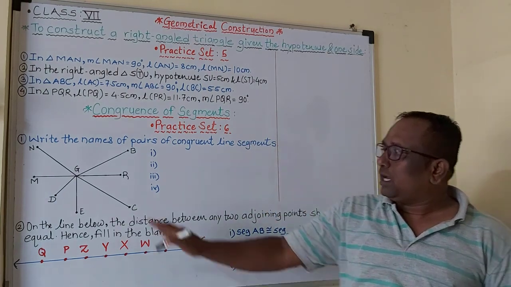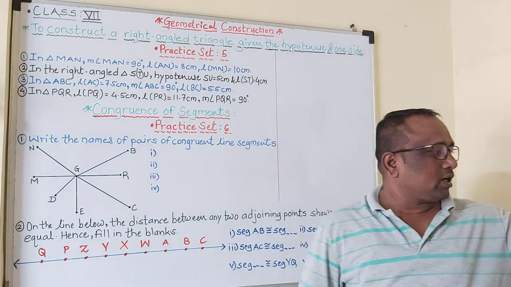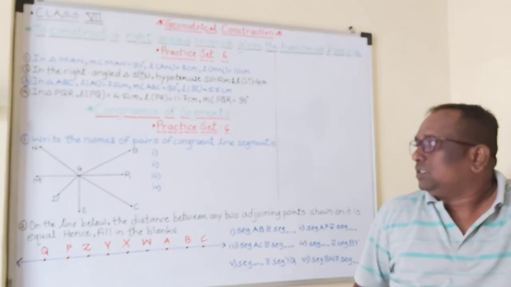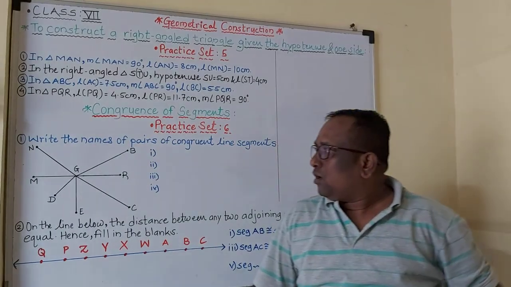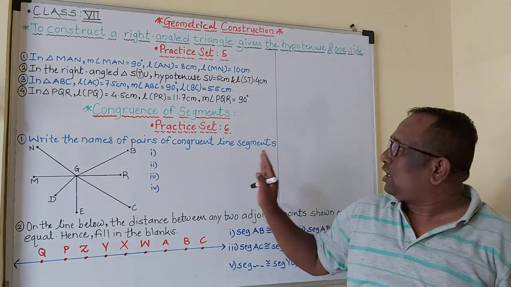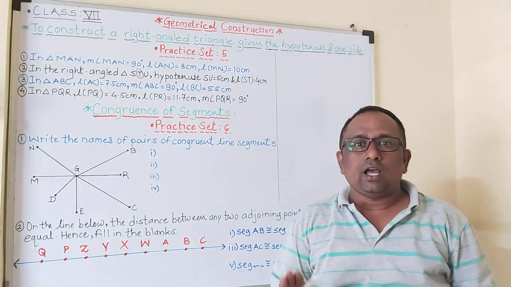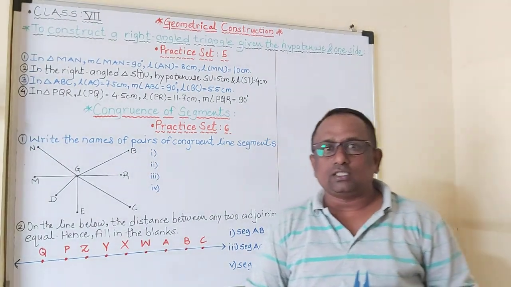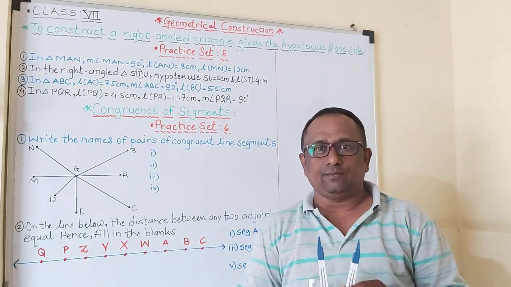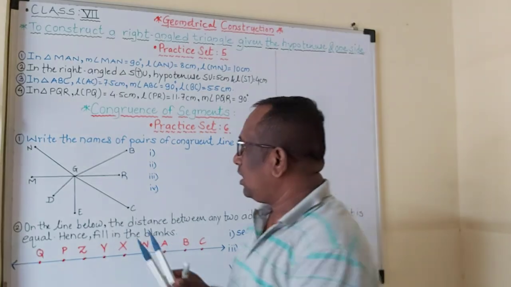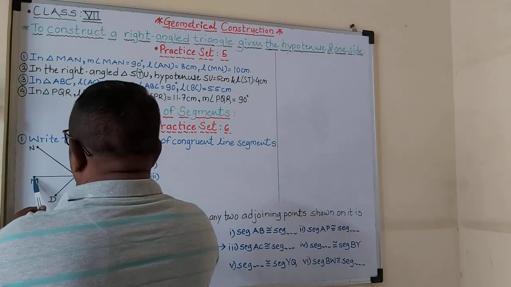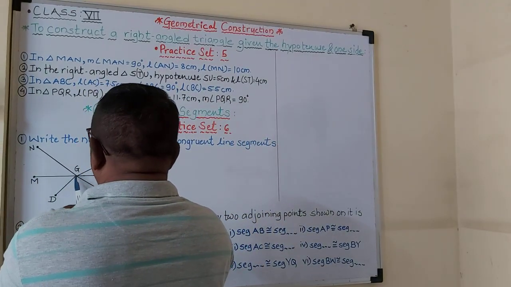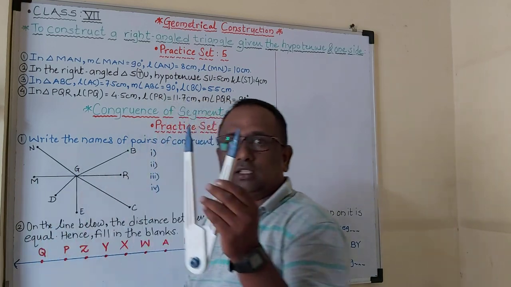Okay. So here I draw a figure. Same figure is in your textbook. Now students, here we have to write the congruent line segments, meaning having same length, equal length. So for this you have to use a divider. Now see here, this MG and GR are same.